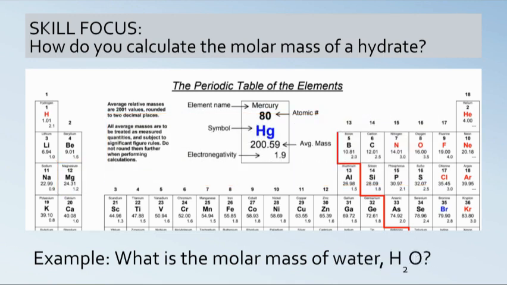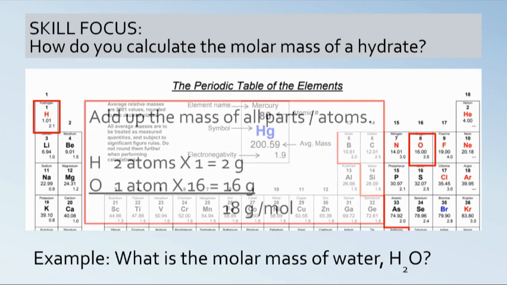All right, what would the molar mass of water be? We're going to use the same process, but we need to note that water has H2O, 2 hydrogens attached to 1 oxygen atom. Thus, we need to find the mass of the hydrogen portion of water as well as the oxygen portion of water and add those values together to get the mass of the whole thing.